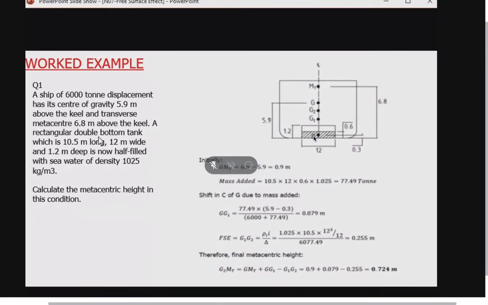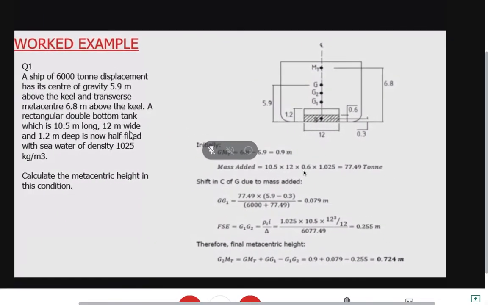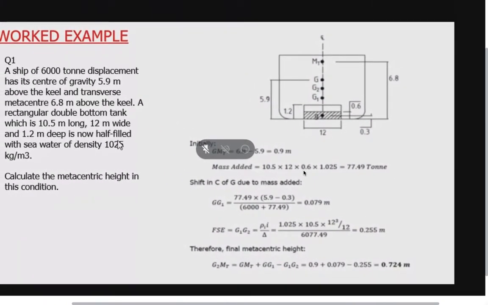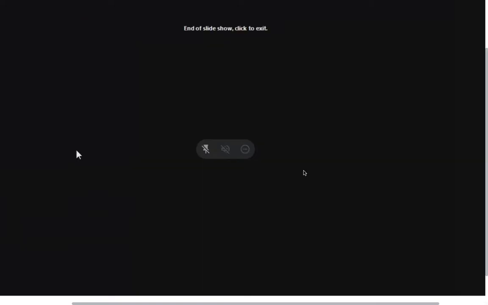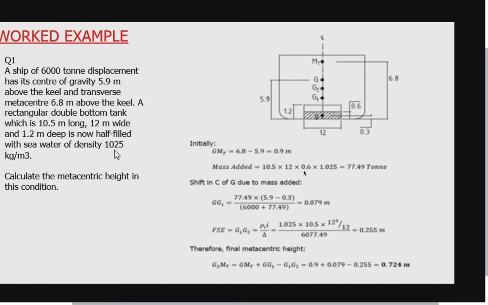A rectangular double bottom tank, which is 10.5 meters long, 12 meters wide, and 1.2 meters deep, is now half filled with seawater of density 1,025 kilograms per meter cube. Calculate the metacentric height in this condition.